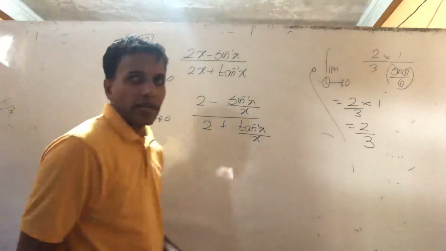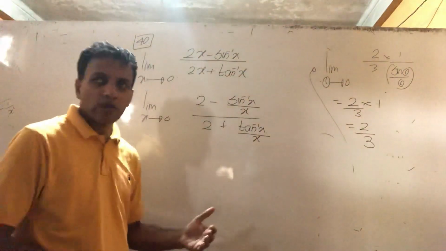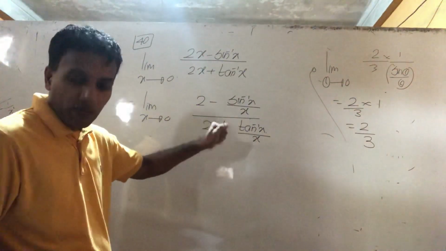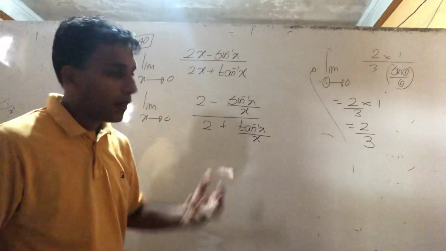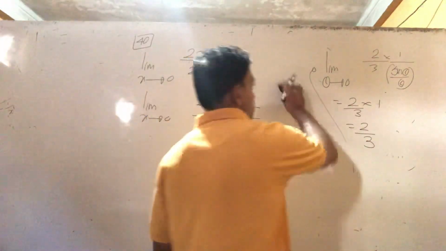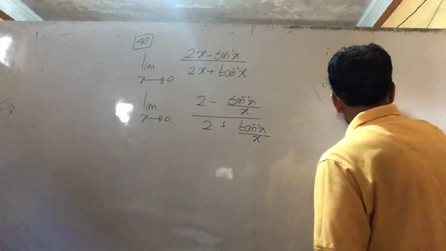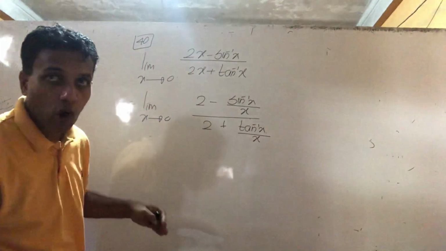As I mentioned, sine inverse x over x is 1, and tan inverse x over x is also 1. But if you feel difficulty in a problem, I will show it like the earlier question and come to the answer.